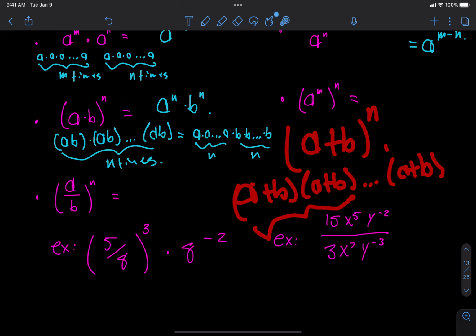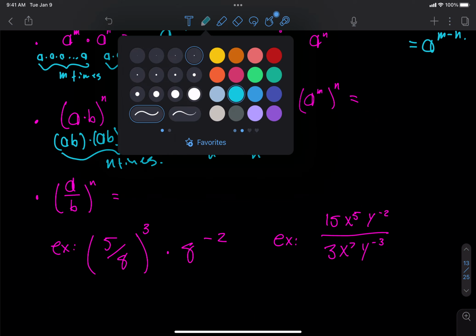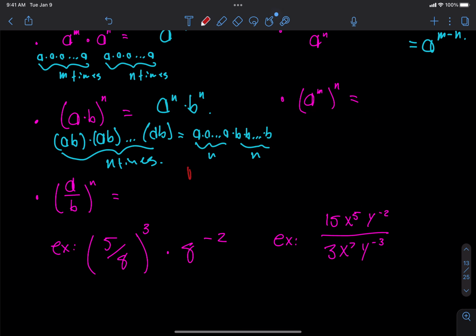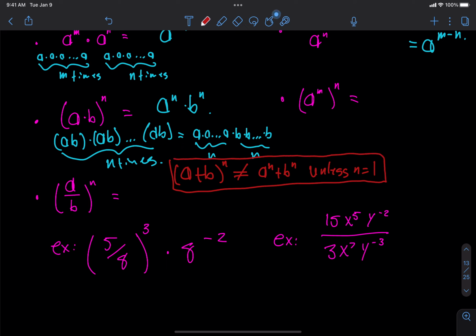I'm going to have 2ab, right? I need to FOIL. So the point here is be very careful, because a plus b to the n is not equal to a to the n plus b to the n unless n is 1. That's the only situation in which that would be true. So that's a word of warning.